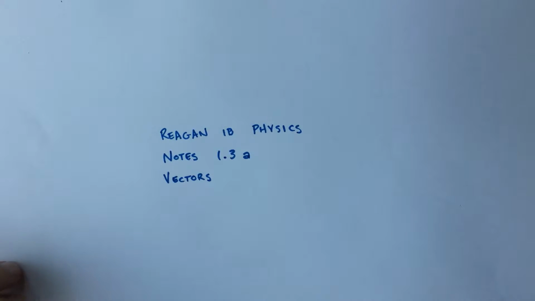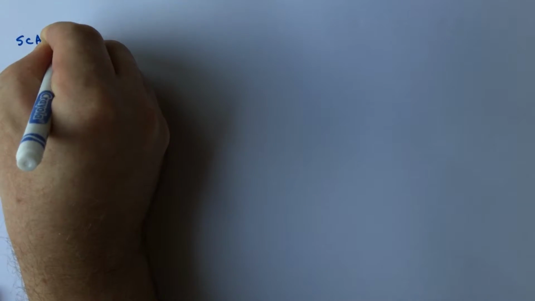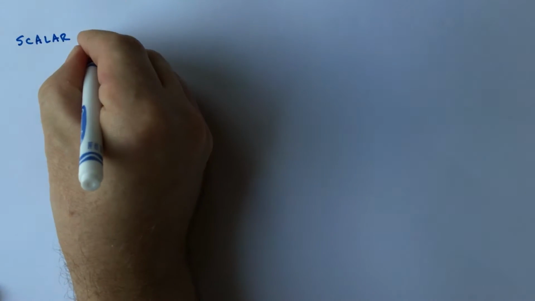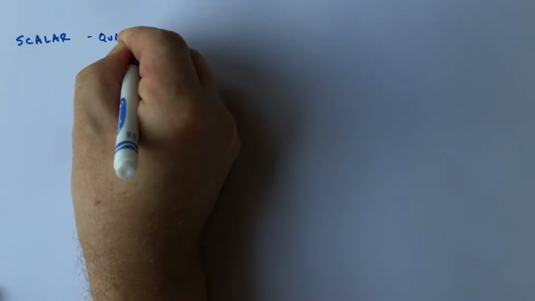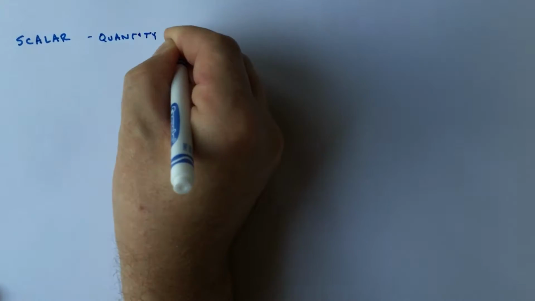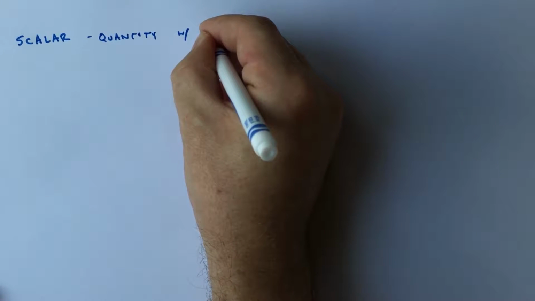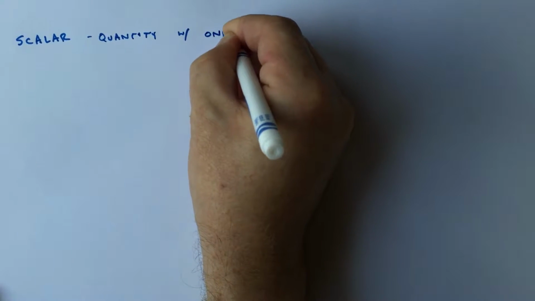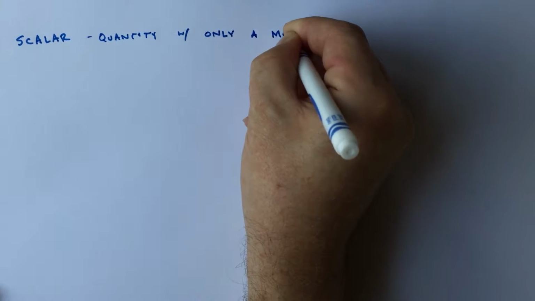All right, so let's start out by introducing two different types of quantities. The first one is something called a scalar. And a scalar is a quantity with only a magnitude.